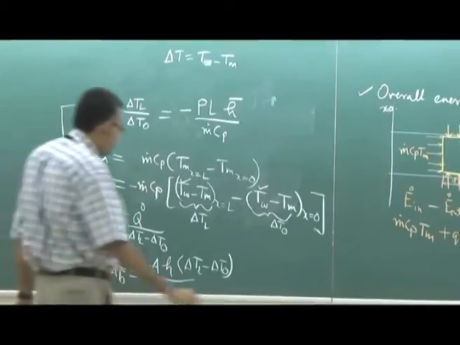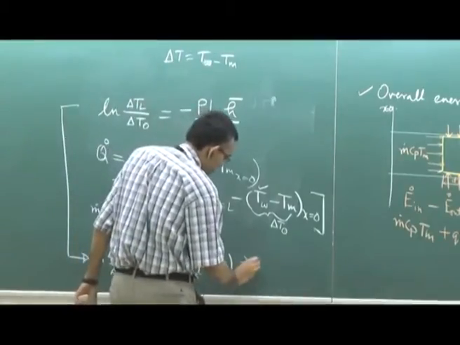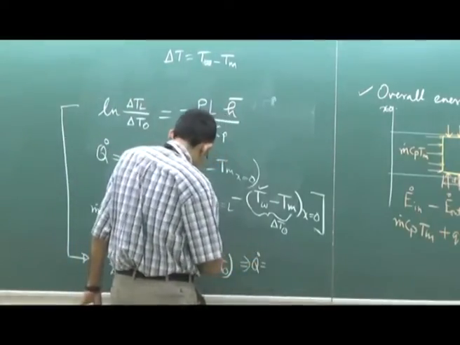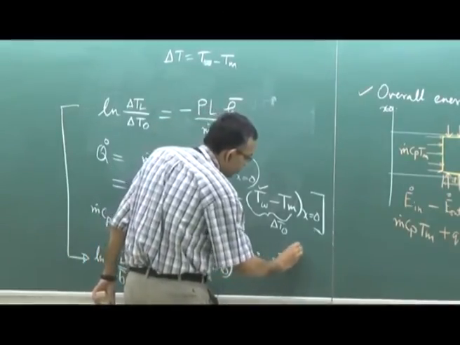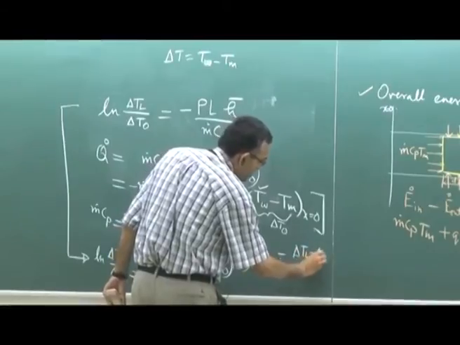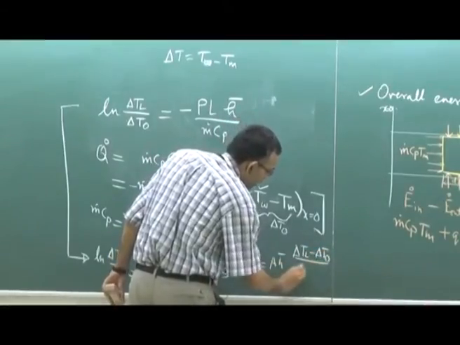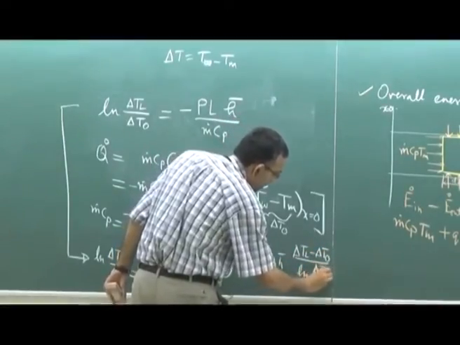So Q dot is equal to A into H average into delta TL minus delta T0 by ln of delta TL by delta T0.